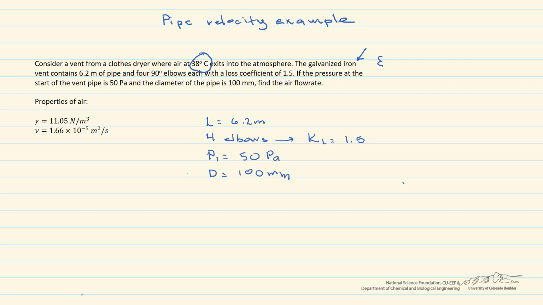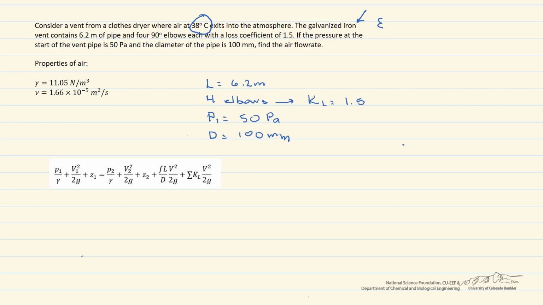Finding the flow rate of a fluid cannot be solved by simple algebraic manipulation. And so let's look at our governing equations to see why. And we'll start with the basic equation, the energy equation. We're going to simplify this by saying that the vent is horizontal, and what that means then is that Z1 is equal to Z2.